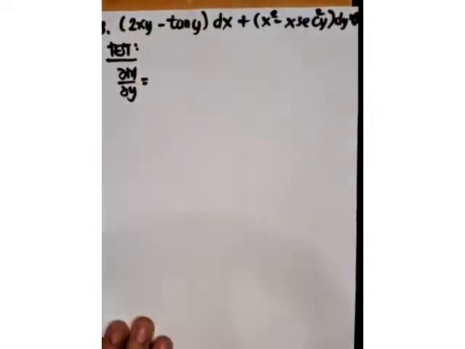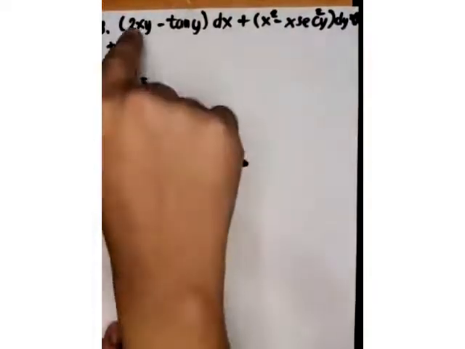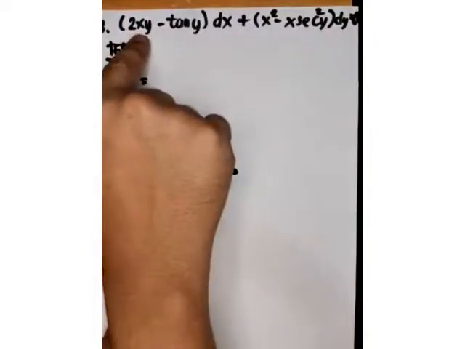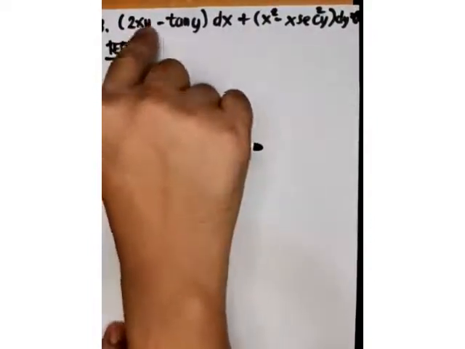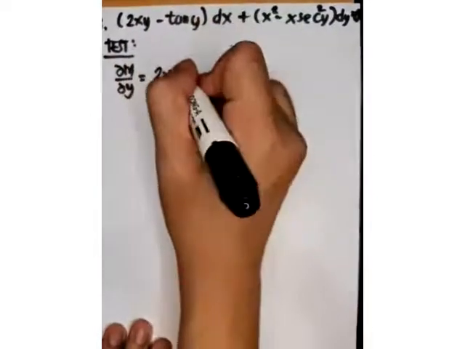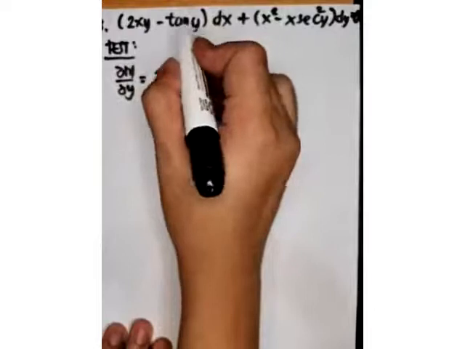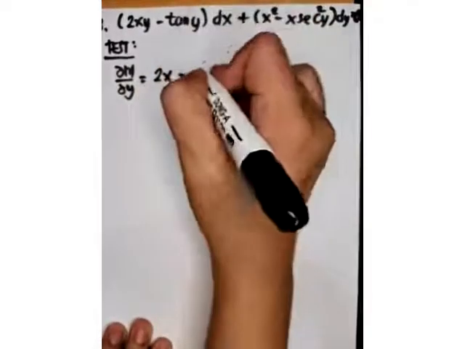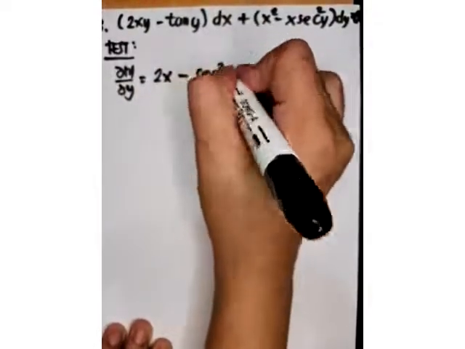All x's will be considered constants, and only y's will be considered variables. So if x is constant, we derive 2xy as 2x. Minus, since this is y, not a constant, the derivative of tangent y is secant squared y.